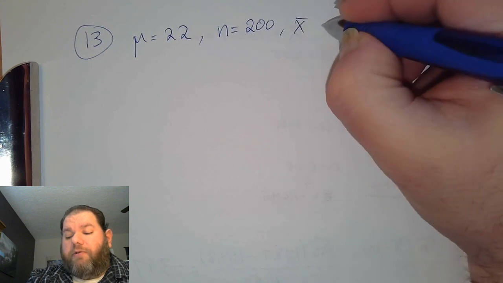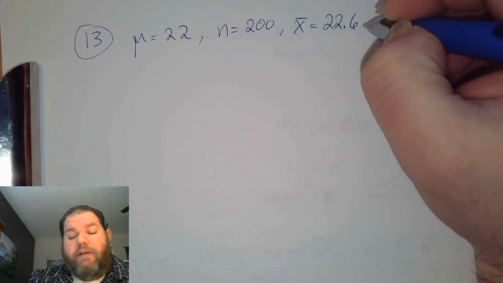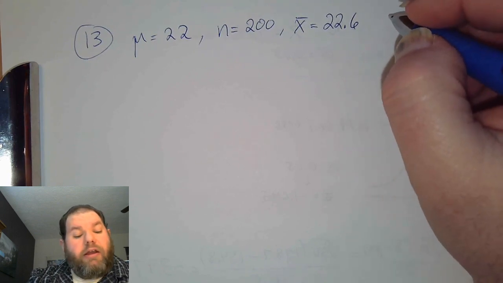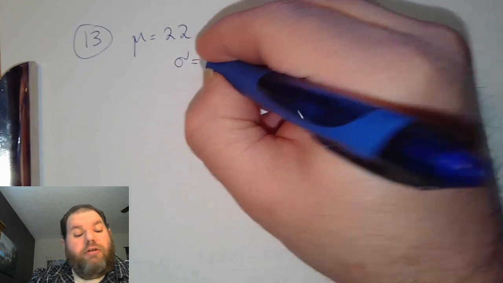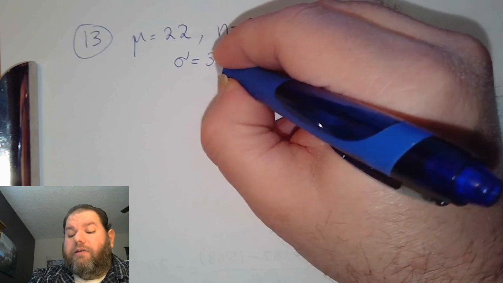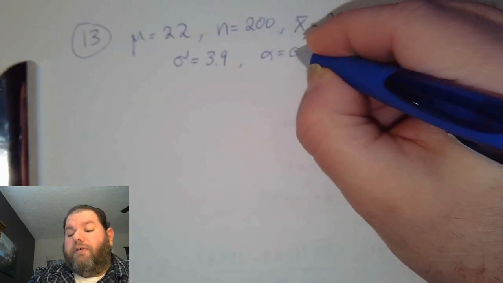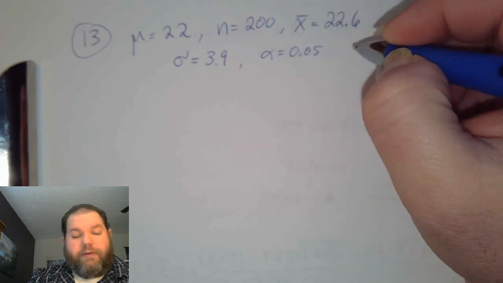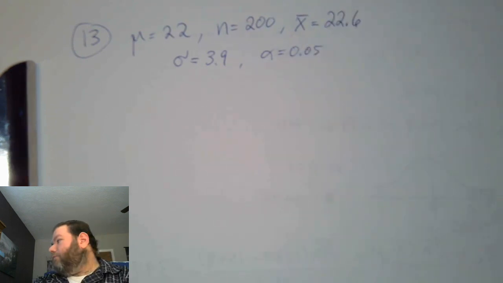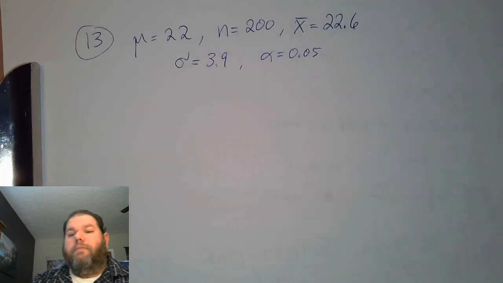From our sample, we get a mean ACT score of 22.6, and we have a standard deviation of 3.9. And finally, we want to use alpha equals 0.05 as our level of significance. So that's the information that we have.